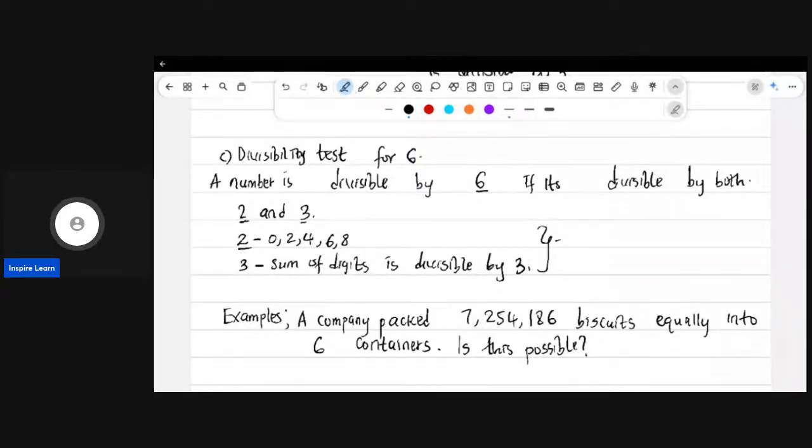So in another way, when you get such kind of a question, you're not going to be told directly that the question is testing you on divisibility test. But that is what you're going to get the question asking.